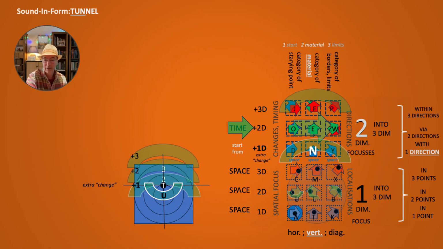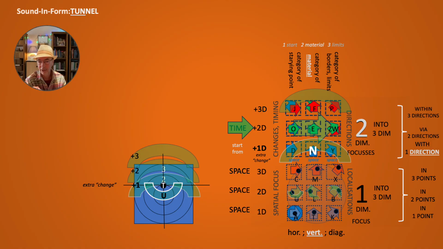Next one, the letter N. So you see I have these three categories. So the category of starting points, material, limits. Here it is about the vertical. It's about material. In the vertical, I didn't give you much time for the last letter, but here you have where shall I put my vertical direction, because here the directions are much more important, not the points.